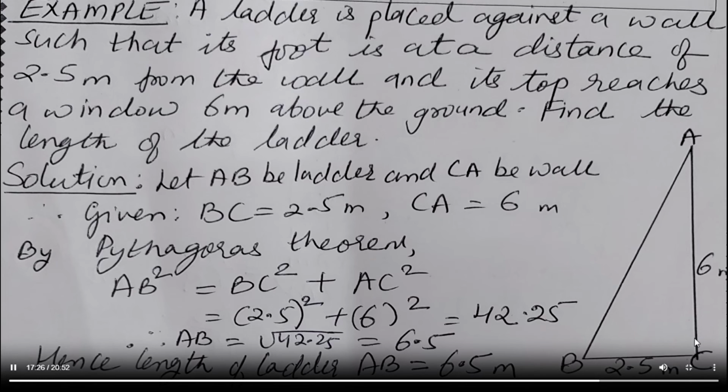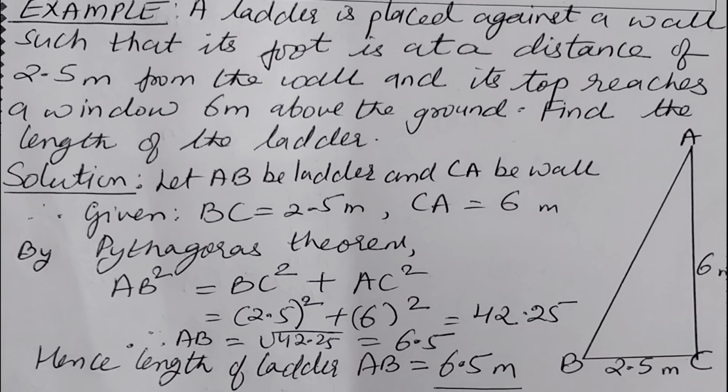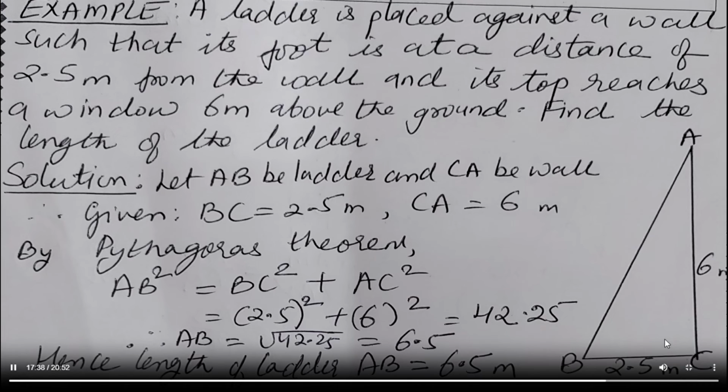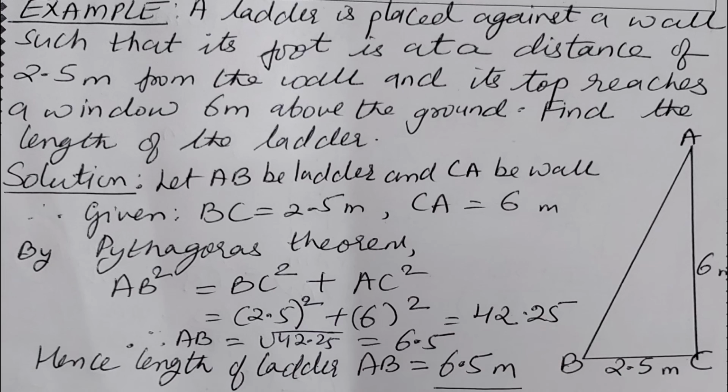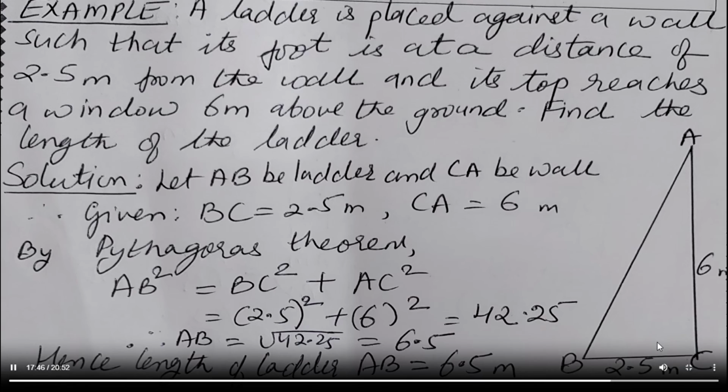It is given that BC is 2.5 and CA is 6. Now, by Pythagoras theorem, since angle C is a right angle, AB square will be equal to BC square plus AC square. Putting the values, we get AB square as 42.25, the square root of which is 6.5. Hence, AB is equal to 6.5, or the length of the ladder is 6.5.